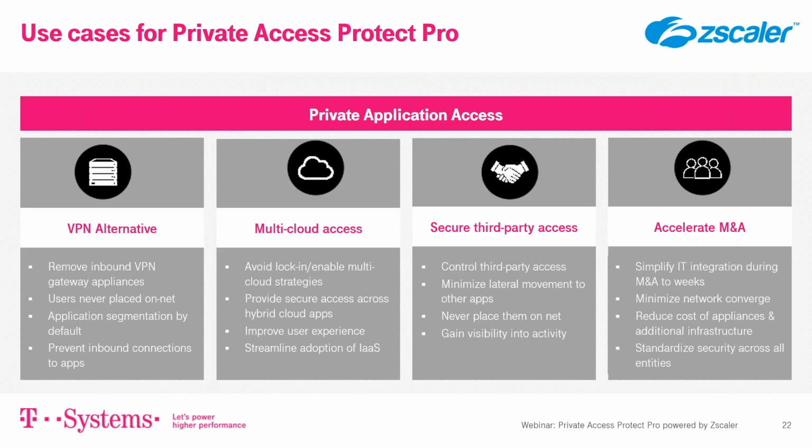So you don't even need to install any kind of application. You can just enter the private applications over your browser based on certificates. What you gain by that is that you can deliver a fast and secure third-party access, and also gain visibility into what's actually happening and who is trying to access your applications.